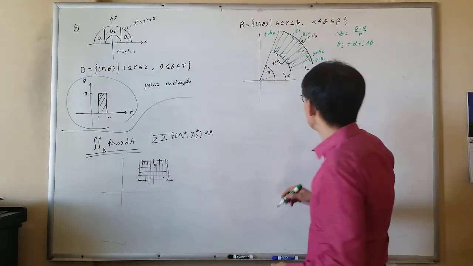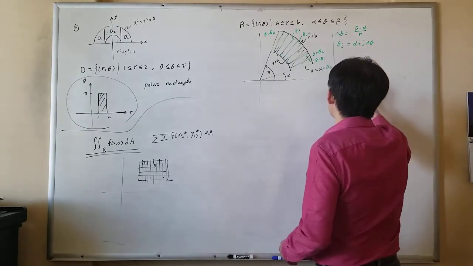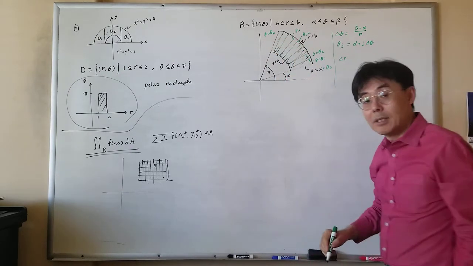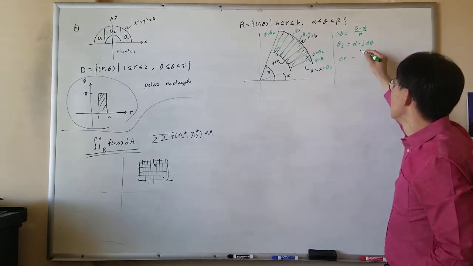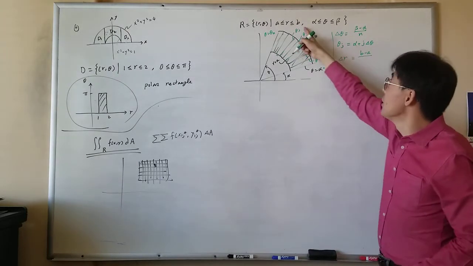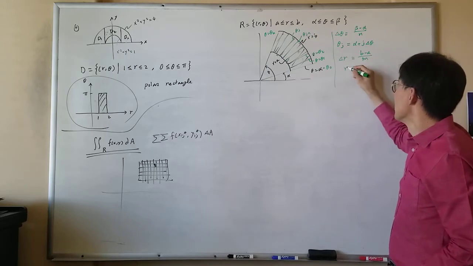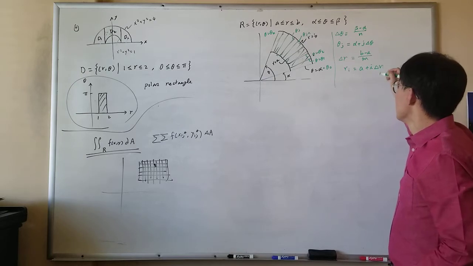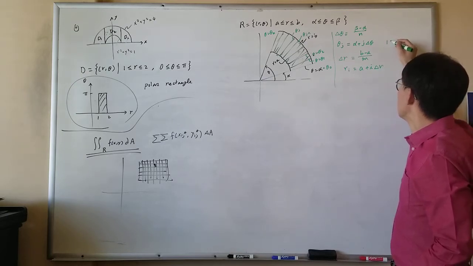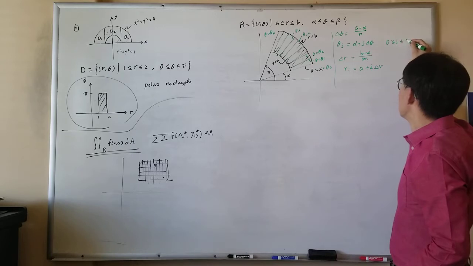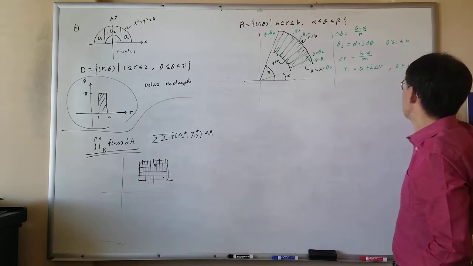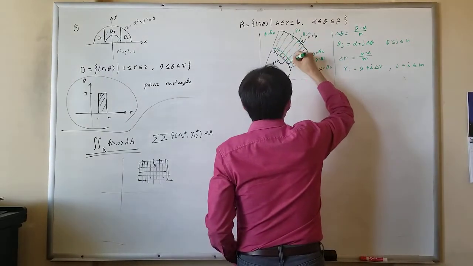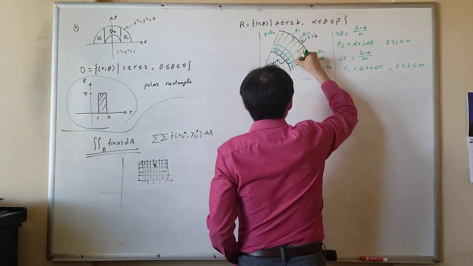And also, we divide r uniformly. Delta r equals b minus a over m. r i equals, starting from a, a plus i times delta r. So like a uniform difference in length.